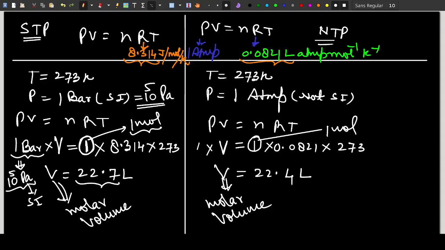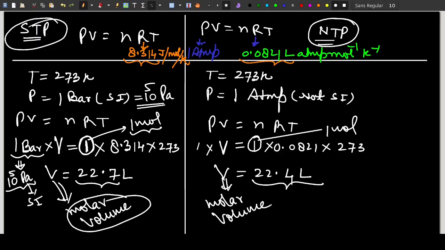Friends, we can say that at NTP, the molar volume, the volume of 1 mole of the gas, is 22.4 liter, and here at STP, the molar volume of 1 mole of the gas is 22.7 liter. The difference is little, but it is a very important difference.